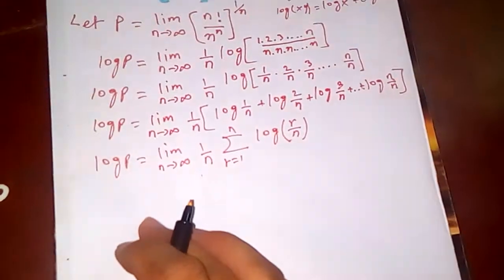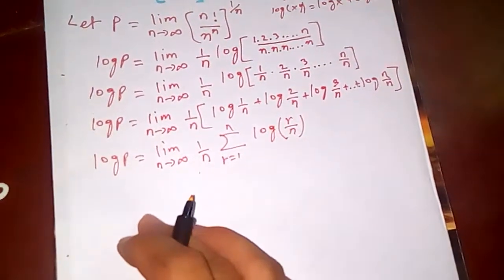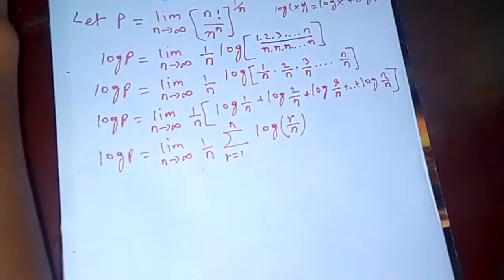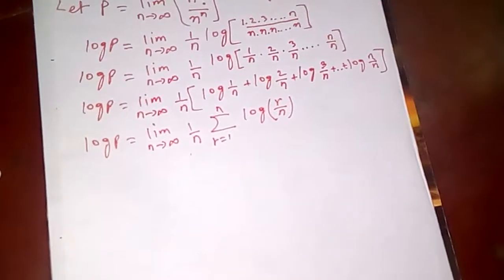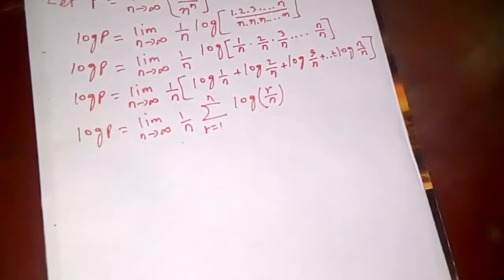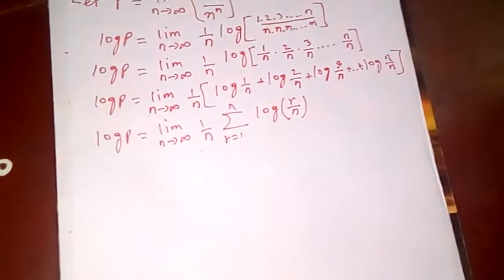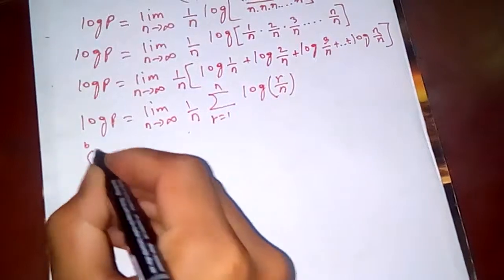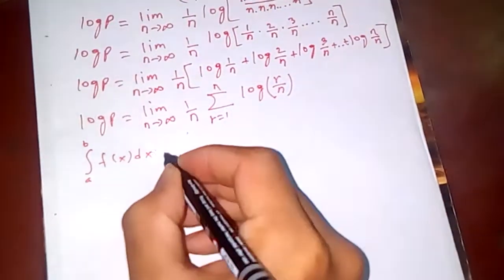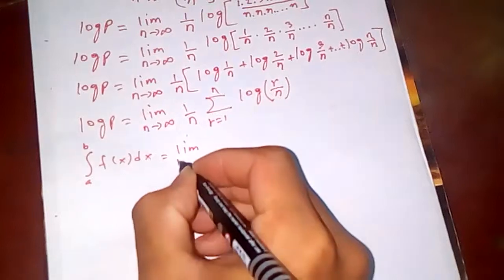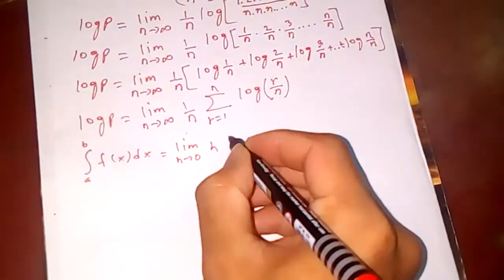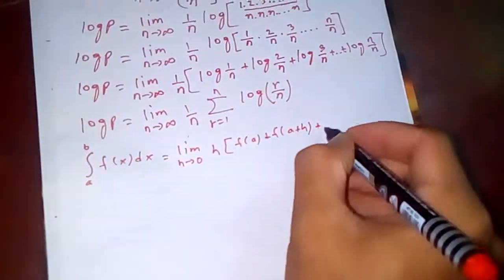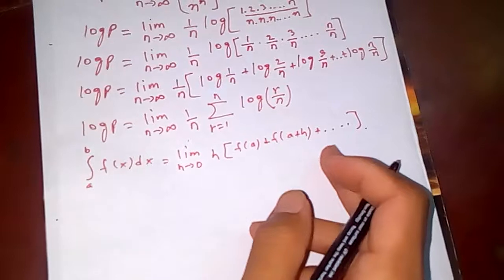Okay, now, the definite integral as limit of sum, and that we know that integral from a to b f of x dx is nothing but limit h tends to 0 h times f of a plus f of a plus h plus, and so on up to n times.